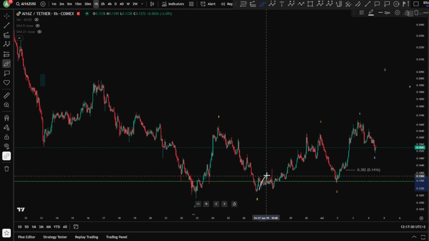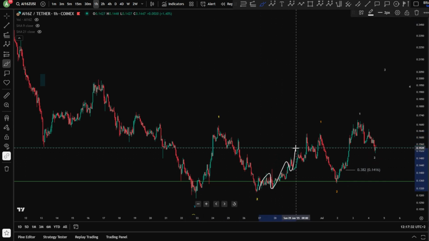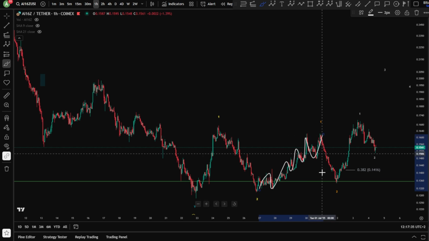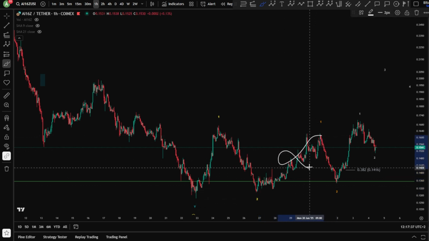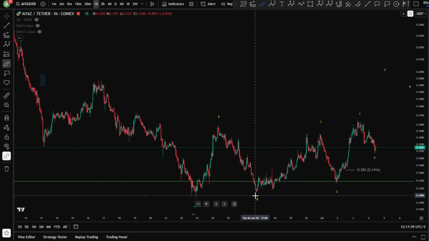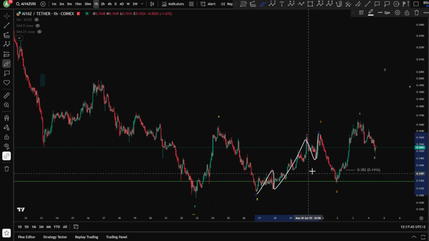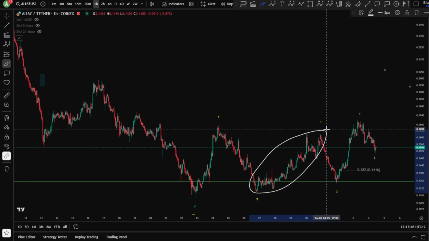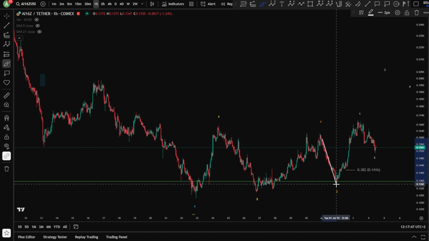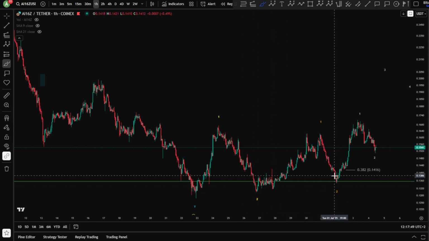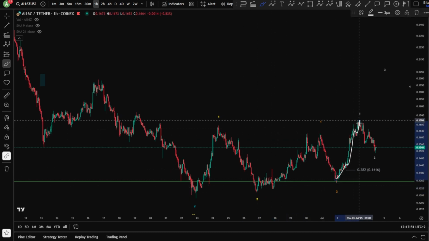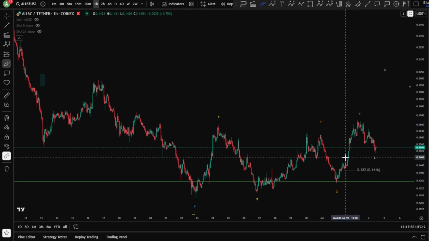Now, if I want to take it as a zigzag 1 2 3 4 5, it's very hard to take it as a zigzag. It doesn't work. It works only as, of course, 1 2 3 4 and a 5. Okay, so this is definitely an impulse toward the upside. You have your wave 2 not taking the low, and then you move impulsively again with a much clearer impulse toward the upside.